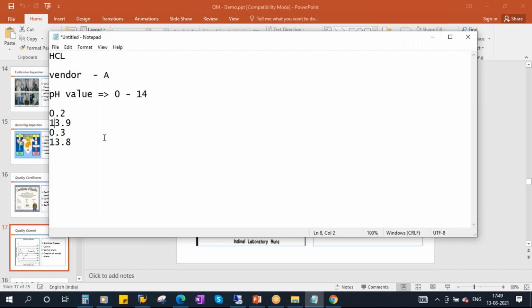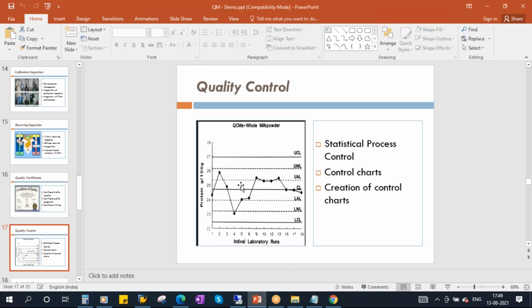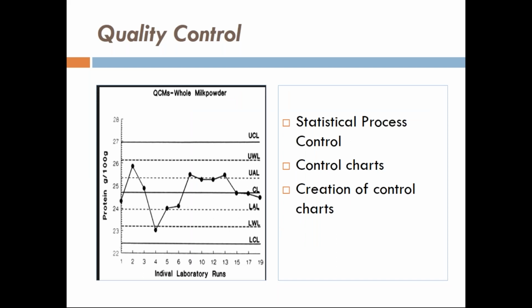So periodically you will check all the results. You take the results of the last 6 months or last 1 year, put the data on a graph, or you can call it a chart, and observe the pattern.